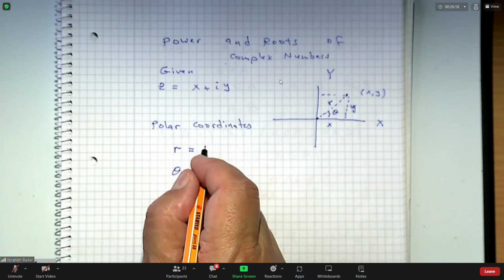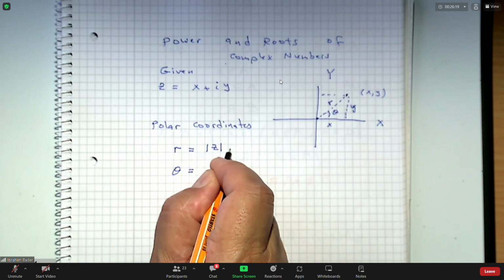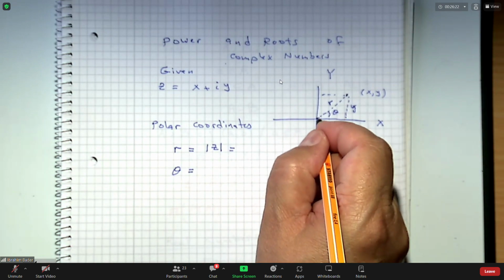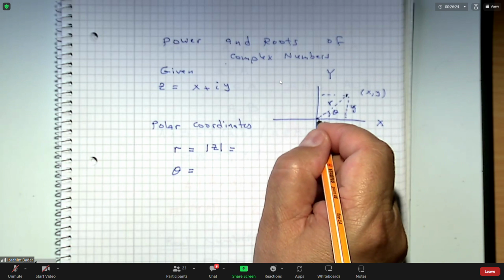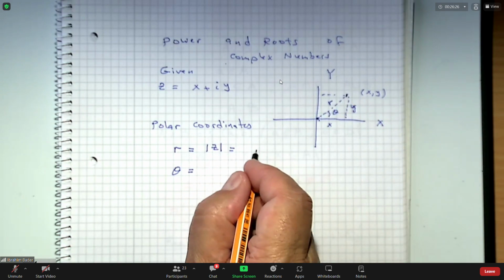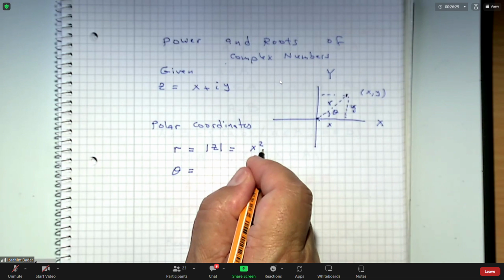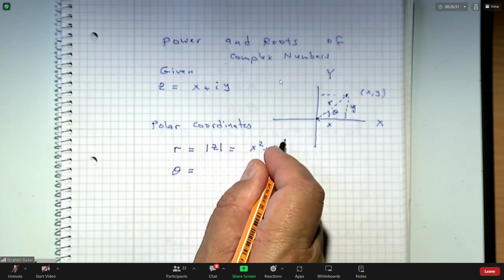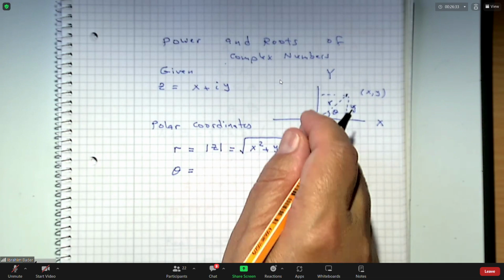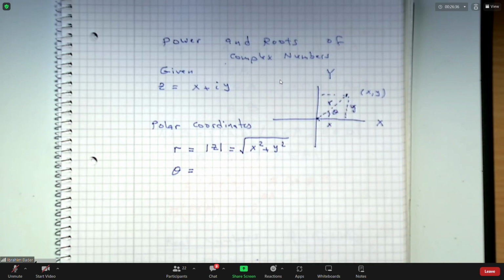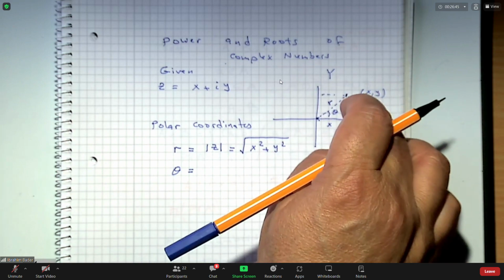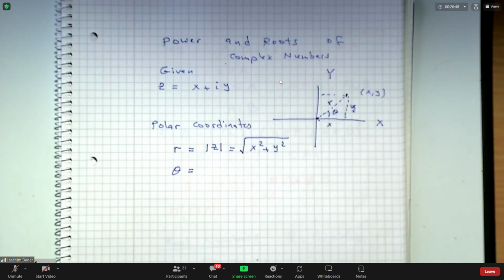R is sometimes also referred to as the magnitude of Z, the length of the line connecting the origin to the number. As we evaluated for two-dimensional vectors, it is the square root of the sum of the X component squared and the Y component squared. You can think about it using the Pythagorean theorem: R squared equals Y squared plus X squared, because this is a right triangle.